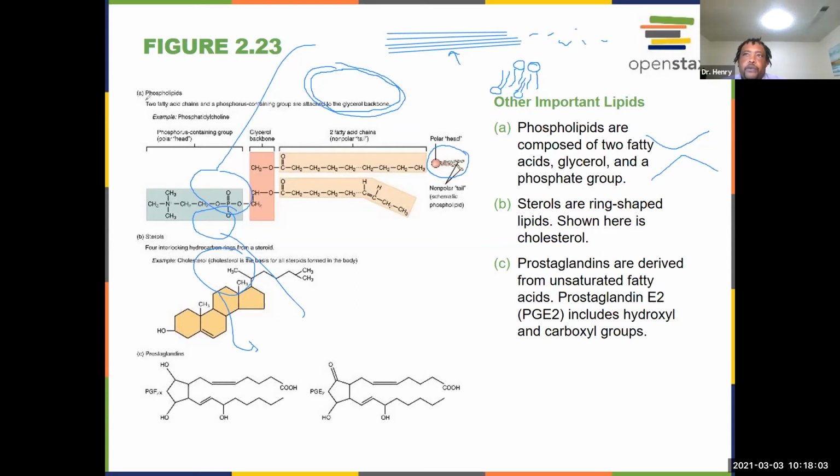Okay, phospholipid. Lipid means fat. So this family is called the lipid family. So the triglycerides are a lipid fat family, right? So phospho meaning it has a phosphate on one side, and then it has the lipid on the other side. So this guy is your phosphate, right? This guy is your lipid.